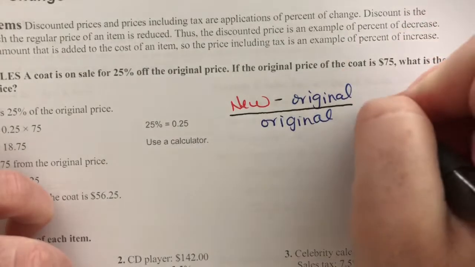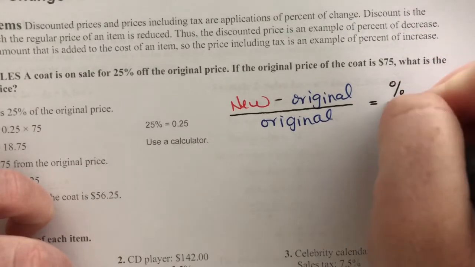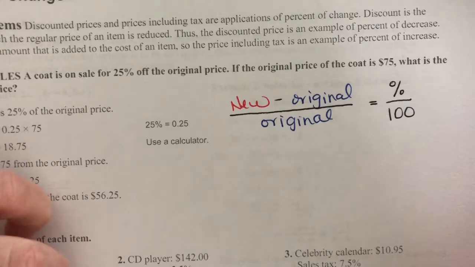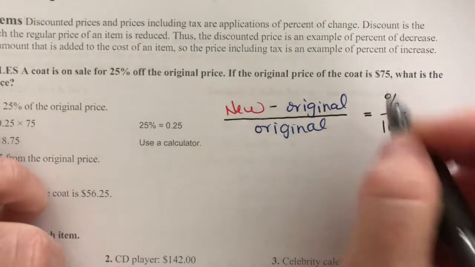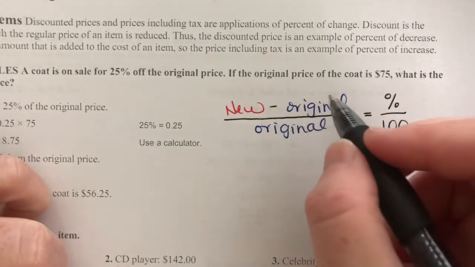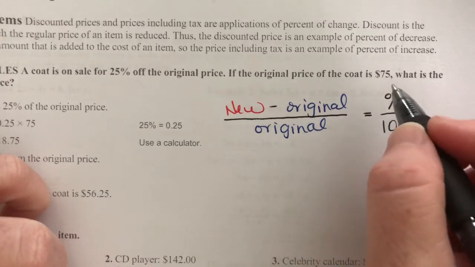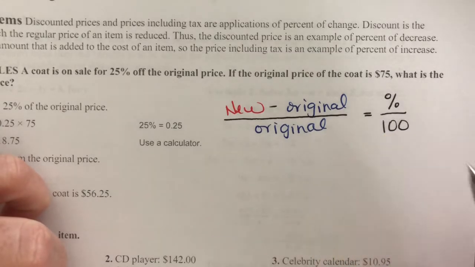And that's equal to whatever the percent of change is over 100, right? That's what we're looking for here. So new minus original over the original equals whatever the percent of change is over 100.